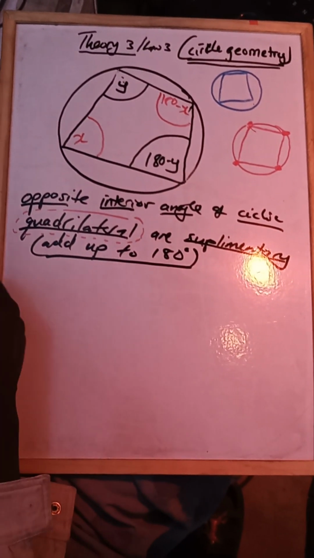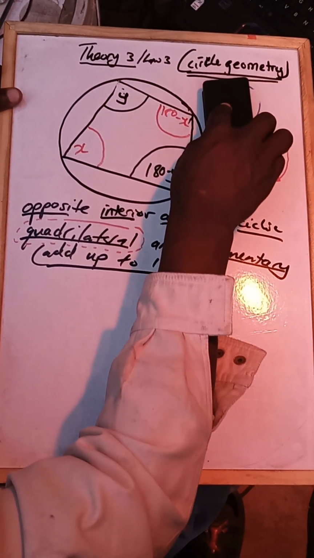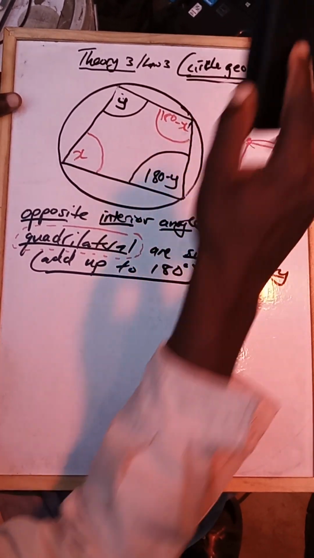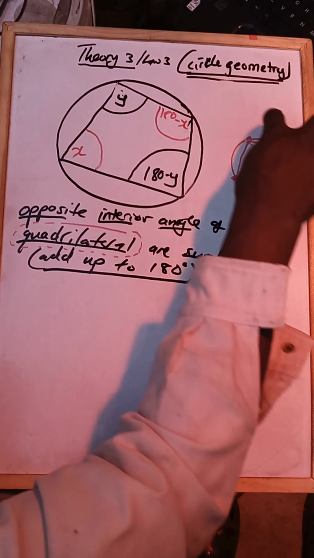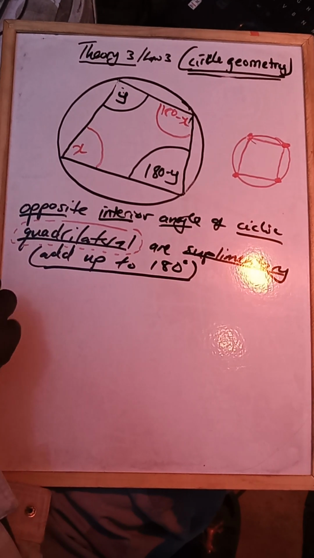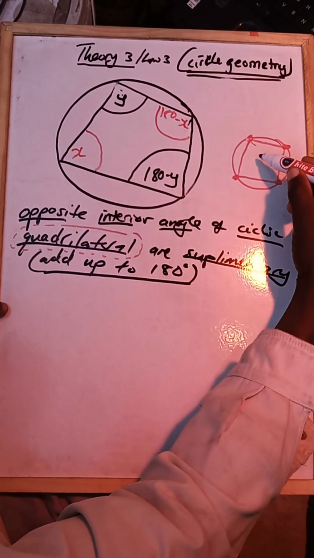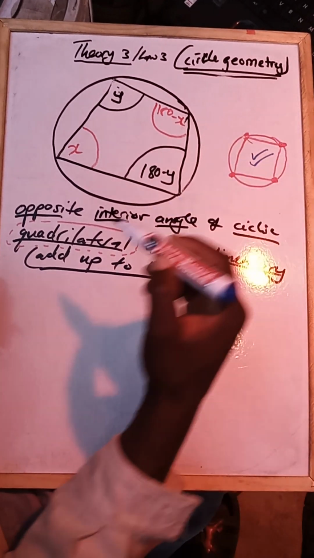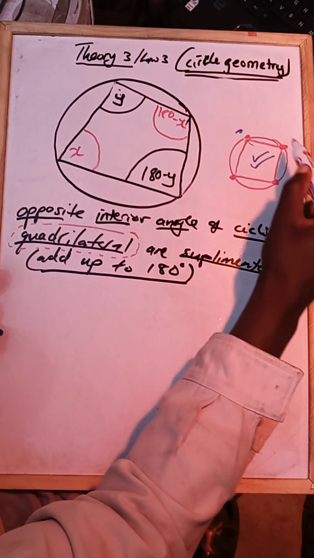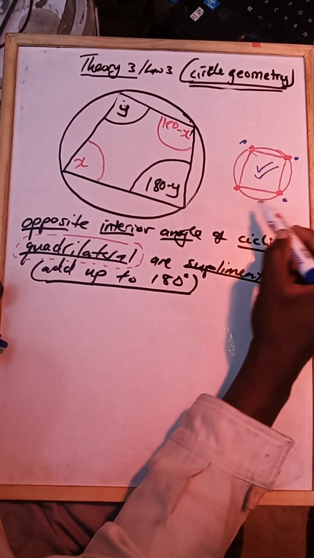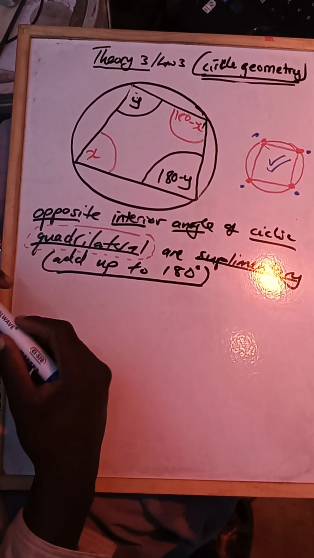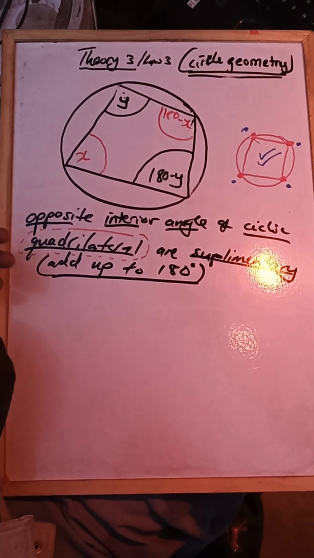So we don't want to consider this as a cyclic quadrilateral, that's why I removed it. But I consider this one as a cyclic quadrilateral because all of its corners touch the circumference, which is the main point to be considered, right?